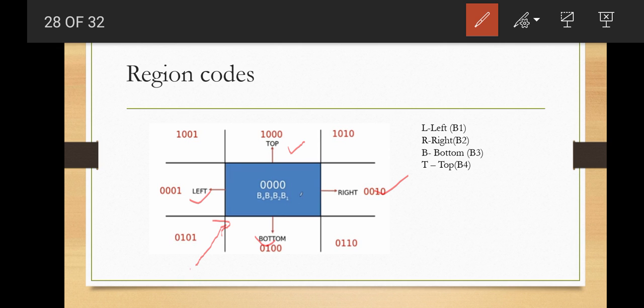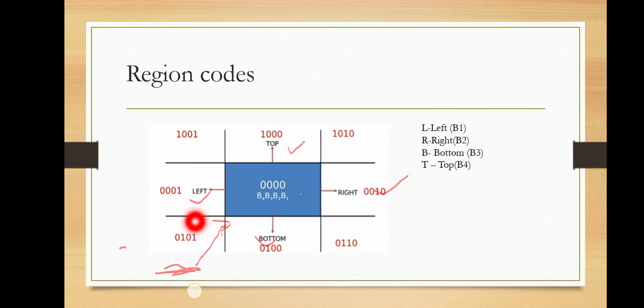This region is toward the left side as well as in the bottom. So the 4-bit region code for this region is 1 for left, 0 for right, 1 for bottom and 0 for top.